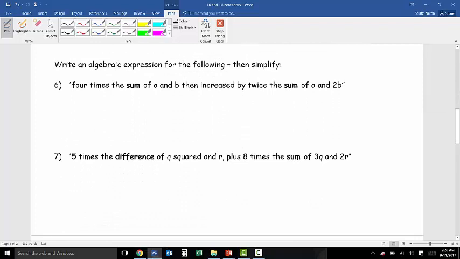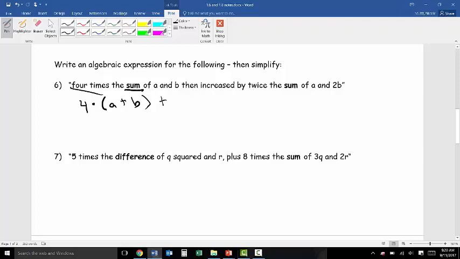So just to review our algebraic expressions, we haven't done them for a little while. When we say 4 times, that means 4 times. And if you see sum of, you have to draw parentheses with an addition sign. You're taking the sum of A and B. Then increase means to add.